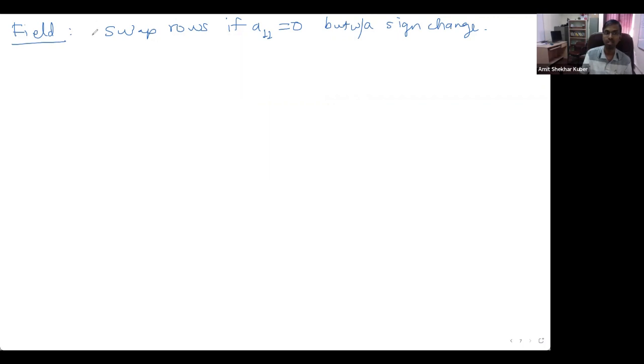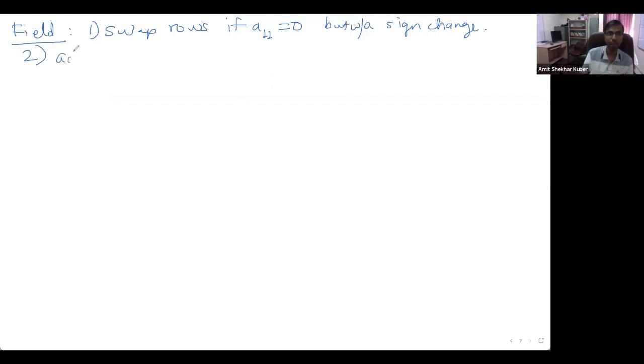So this is the first operation that we do. Then the second operation we do is multiply by E21 of some element. Just below A11 there is A21. We will make A21 zero by adding to it an appropriate multiple of A11.